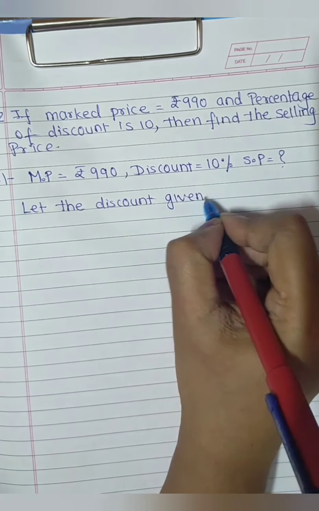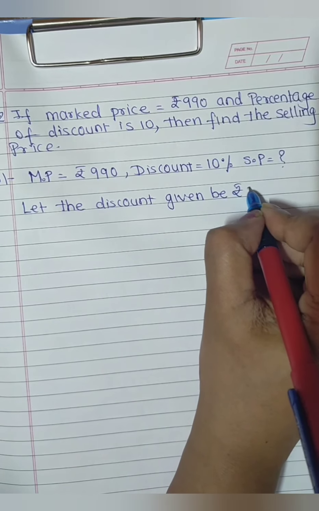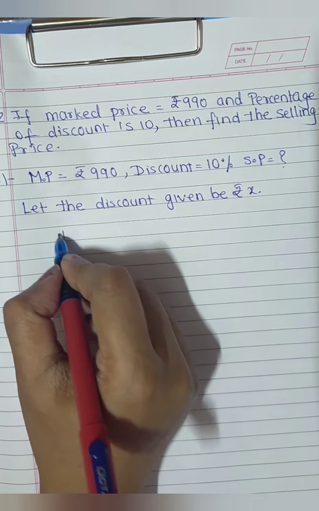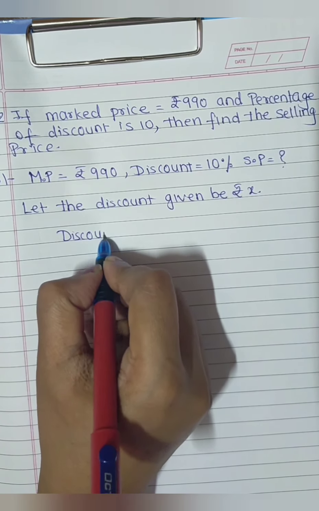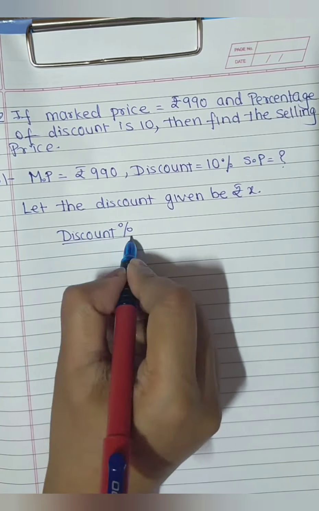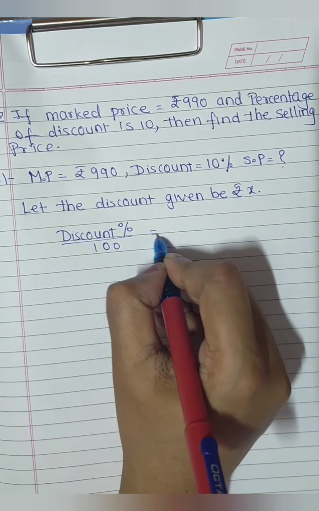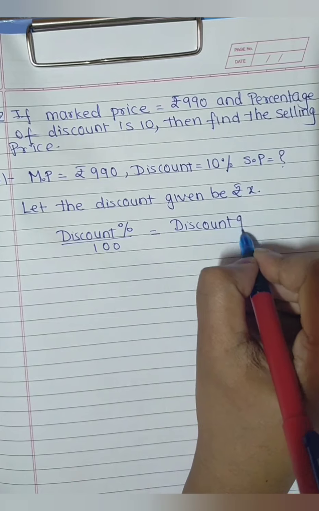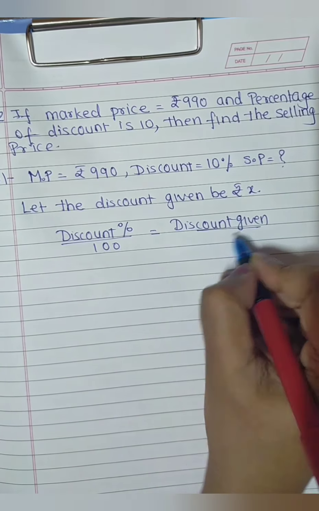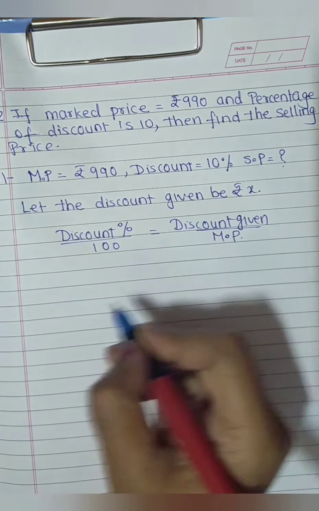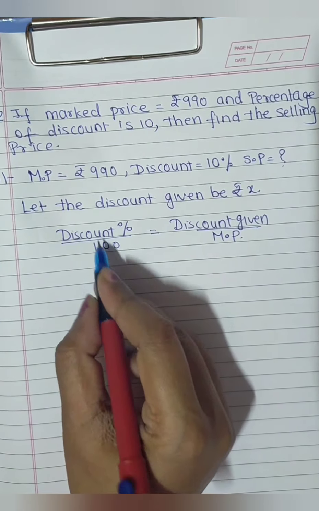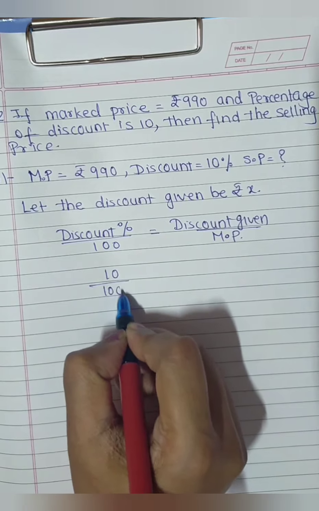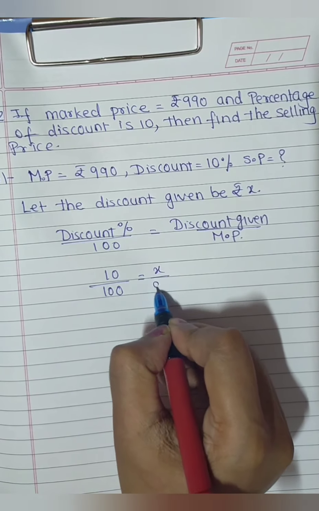given be rupees X. Okay, now here I'm writing the formula: discount percentage upon 100 equal to discount given upon MP, mark price. So discount percentage is 10 upon 100 equal to X upon 990.